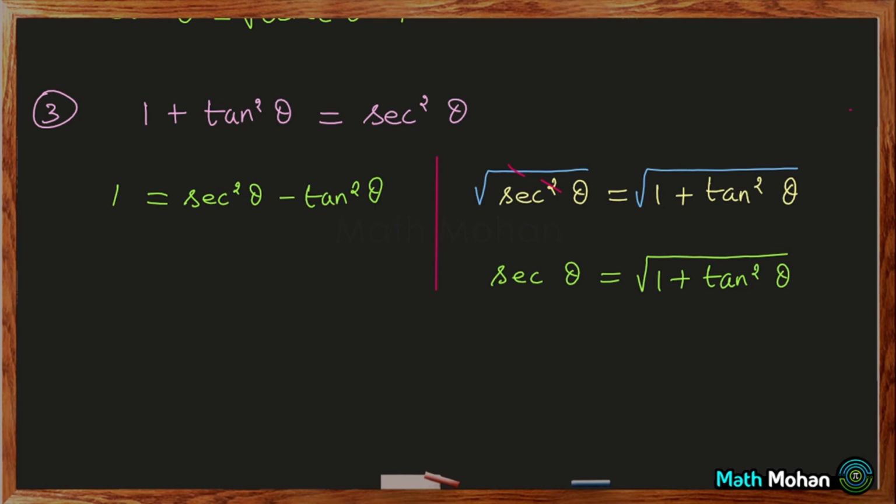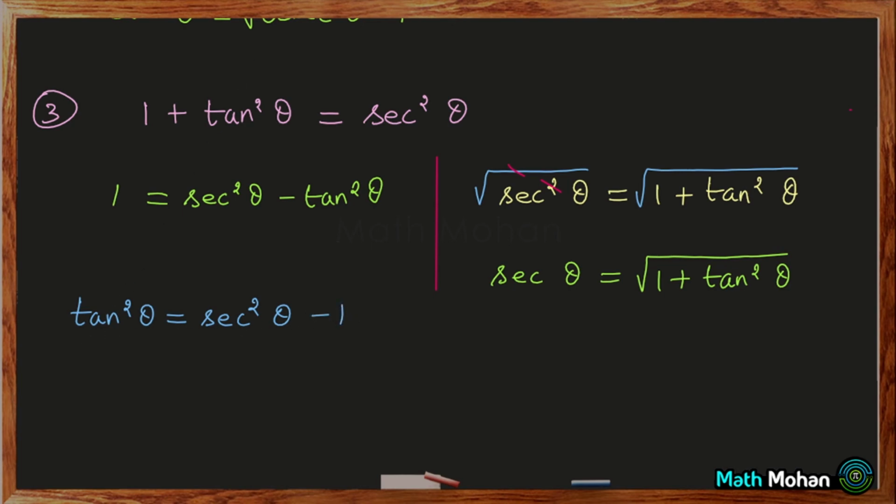And one more way of transposing this: suppose you want tan theta, then you can transpose. First you keep the tan square theta on the left side, and the right side you already have secant square theta. Transpose this 1 to the right side, it will become minus 1.